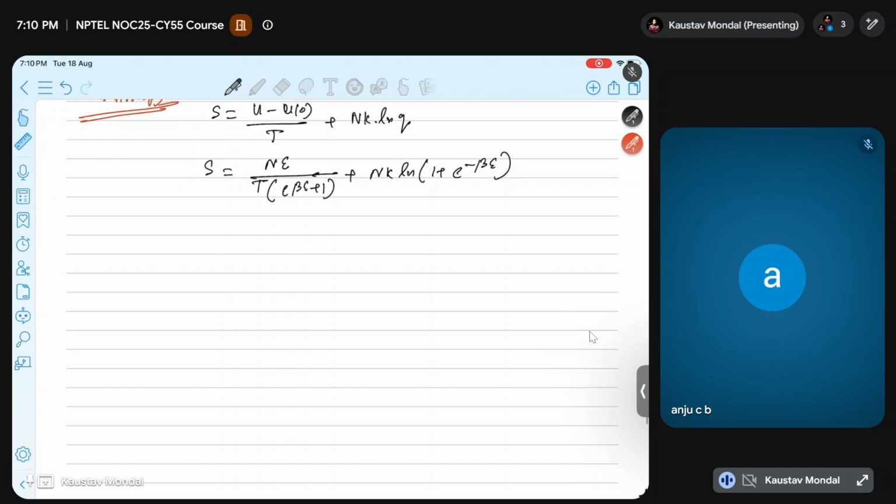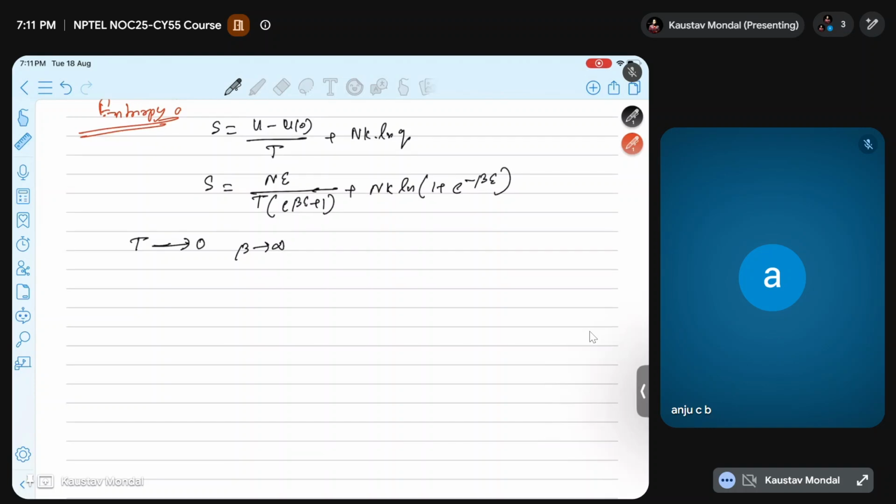Now what will happen here is that if T tends to 0 and beta tends to infinity, in that case the entropy will also tend to 0.